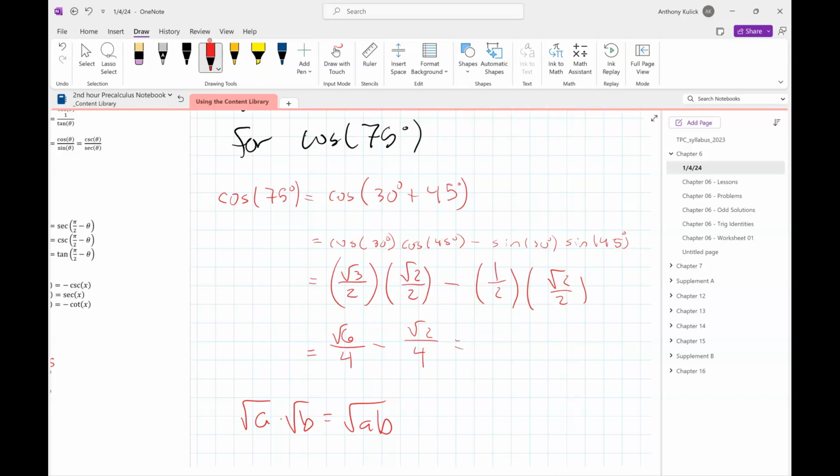How do I subtract square root 6 and square root 2 then? It's not square root 4. Yeah, you don't is the answer. You just write it as it is, because square root a minus square root b is not square root of a minus b. That's not true. And this would be our final answer.